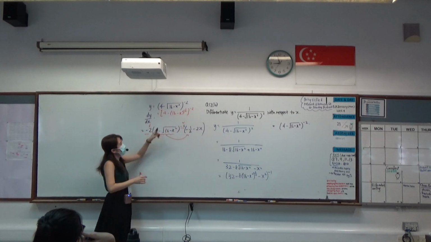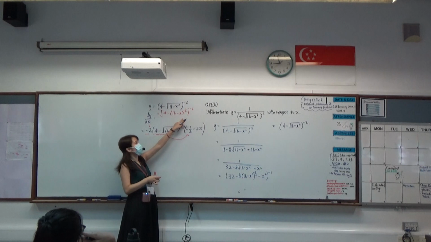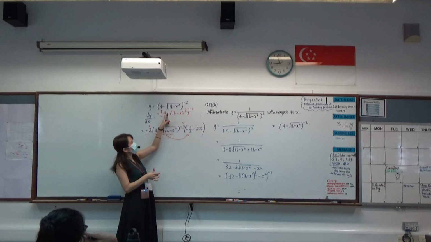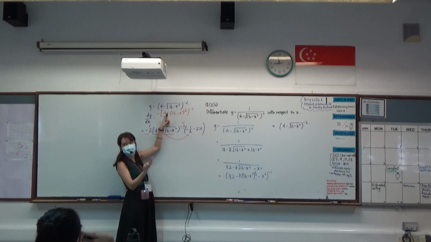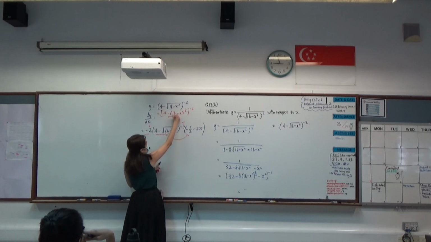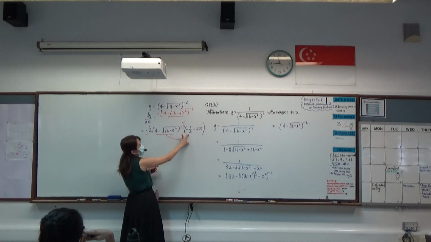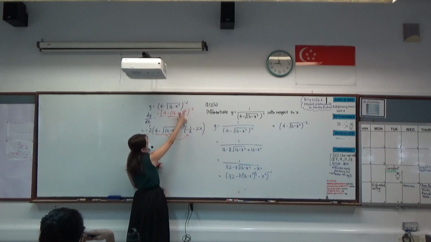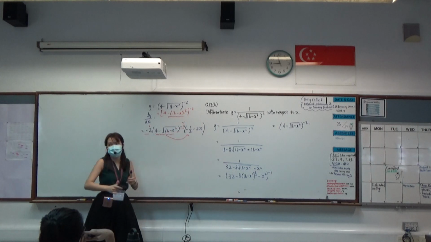In order to differentiate the inside, the differentiation of 4 becomes 0, so there's nothing for us to consider. Then we need to look at the derivative of here. So negative, bring down the half, so that's what's done. Then we need to have 16 minus x squared to the power of half minus 1.